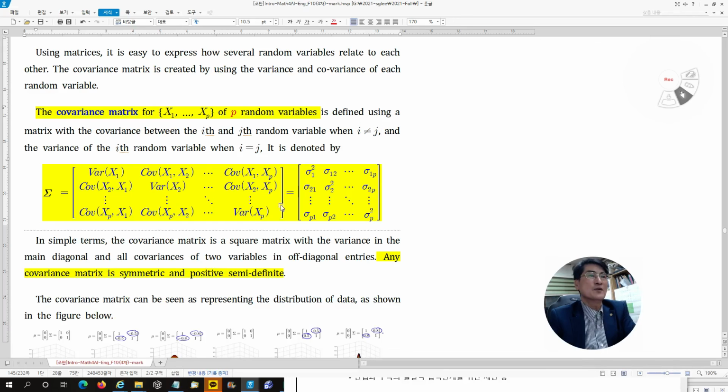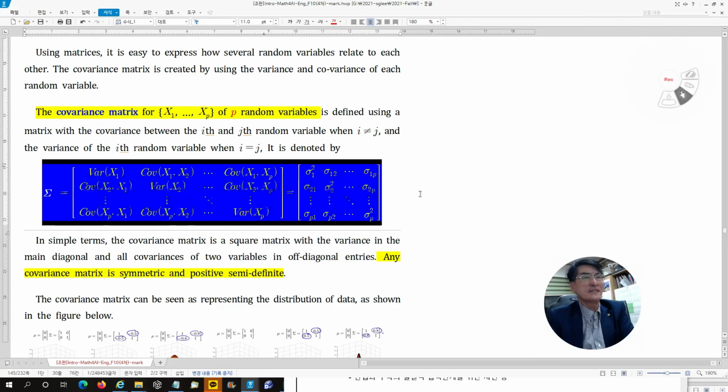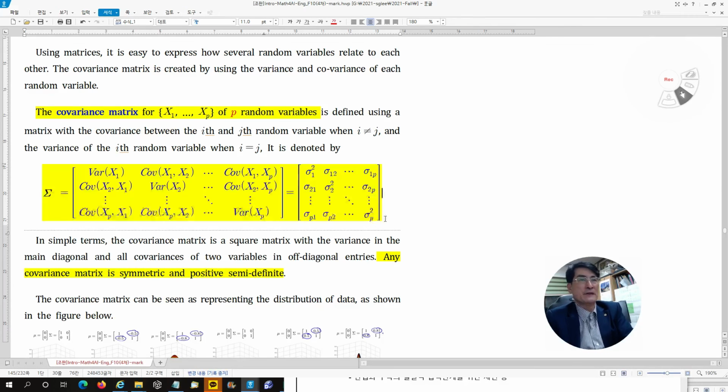So if we have p random variables, then we can find the covariances and the variances to form the matrix sigma, which is called the covariance matrix of p random variables. This is a p by p matrix.